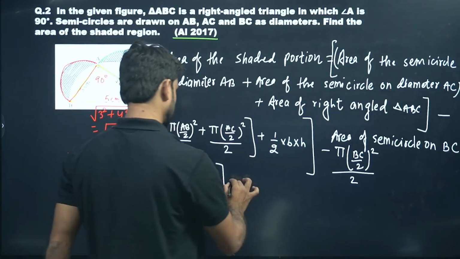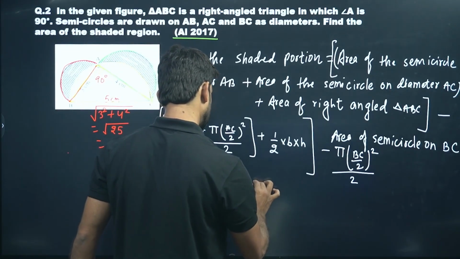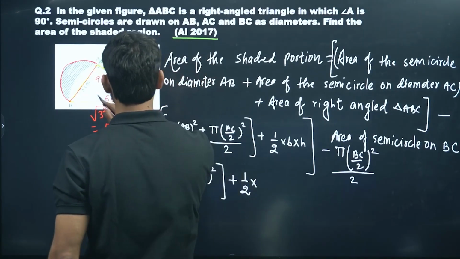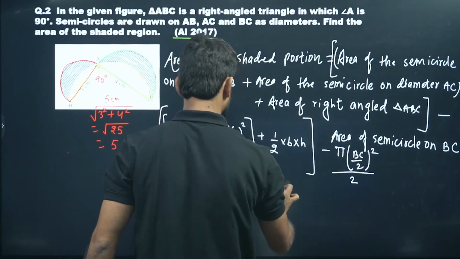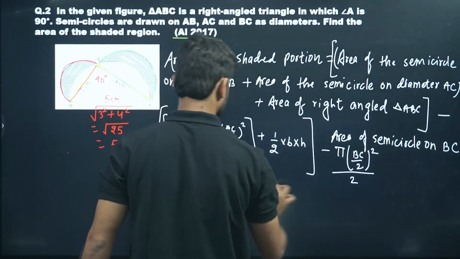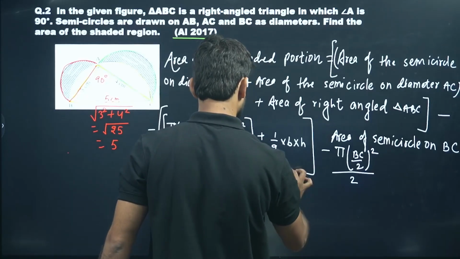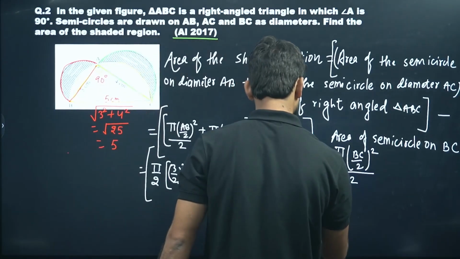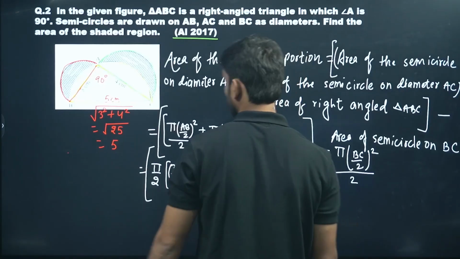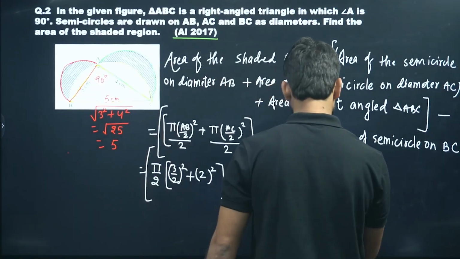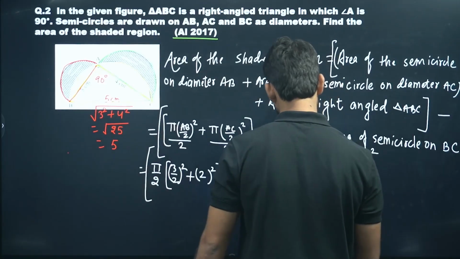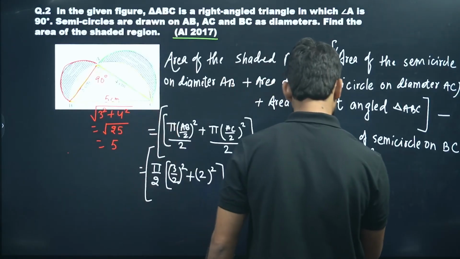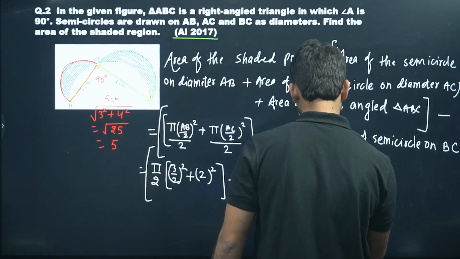Right? Plus half base into height. Base is 4 and height is 3. Okay. Minus pi by 2, and what is the radius? This is 5 here, so 5 by 2 whole square.